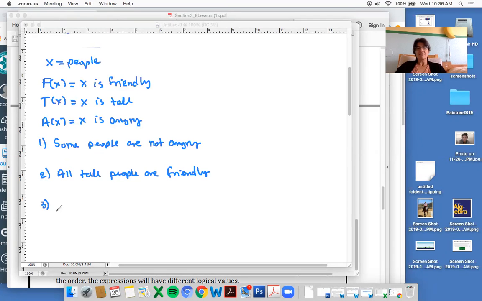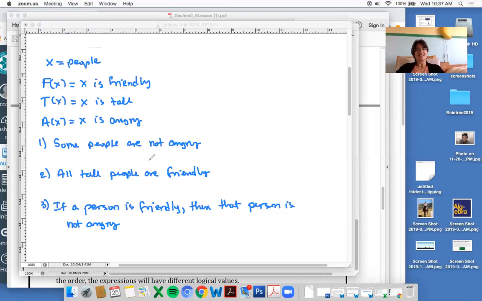And the next one, if a person is friendly, then that person is not angry. Go ahead and take a couple of minutes to come up with translations for these.